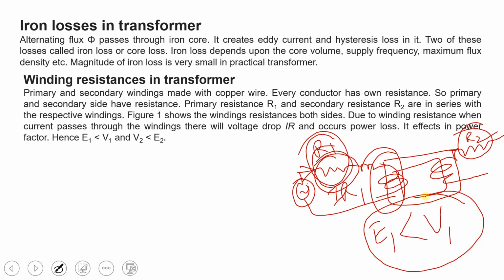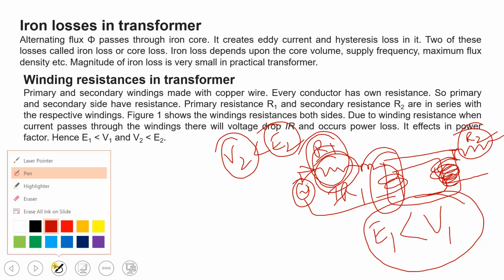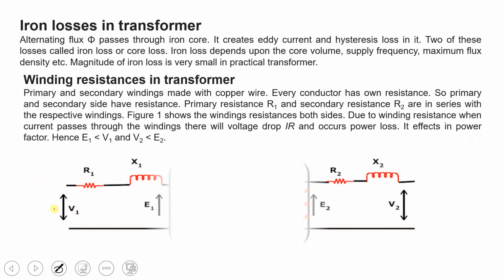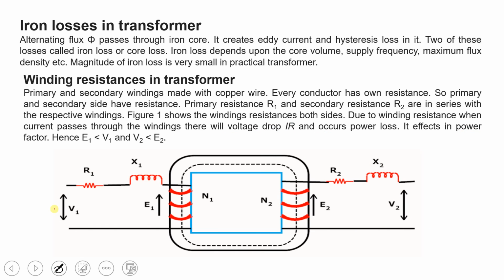Similar is the case for V2, the voltage due to the mutually induced EMF E2. V2 is less than E2 because E2 is produced because of E1. Next, this diagram shows the winding resistance.